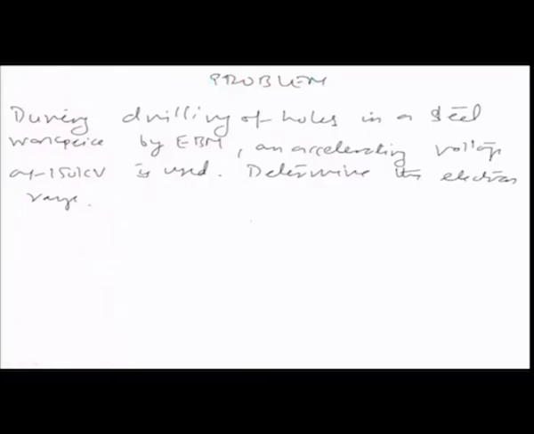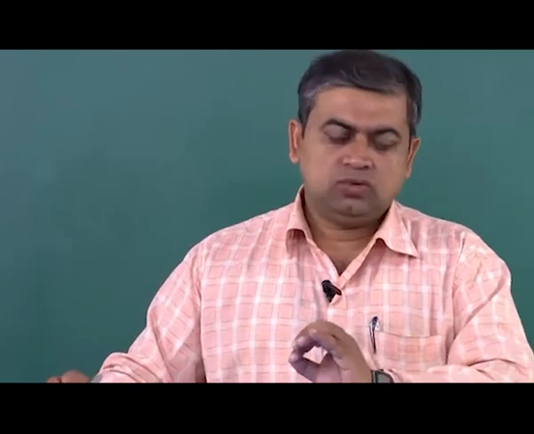So, let us look at a problem example here. During drilling of holes in a steel workpiece by EBM, we have an accelerating voltage of 150 kV. We determine the range of depth, just to give you an idea of the value of this transparent layer, how small it is.